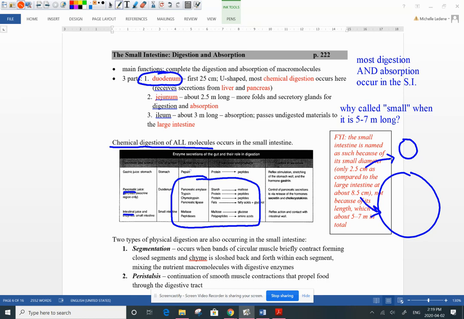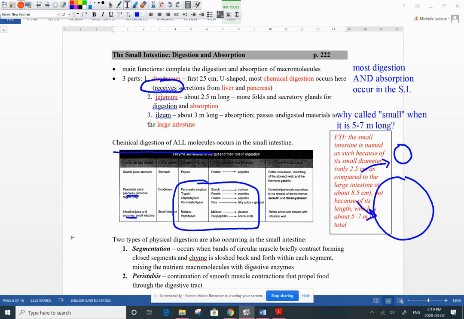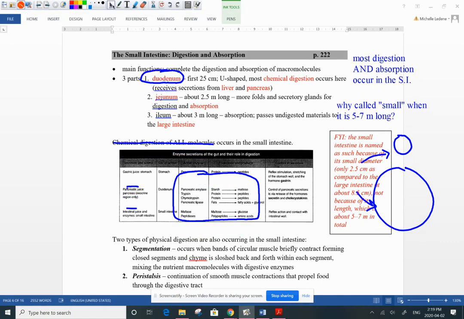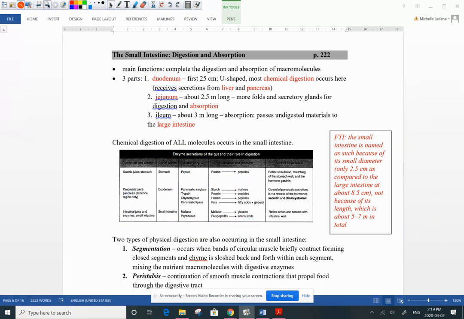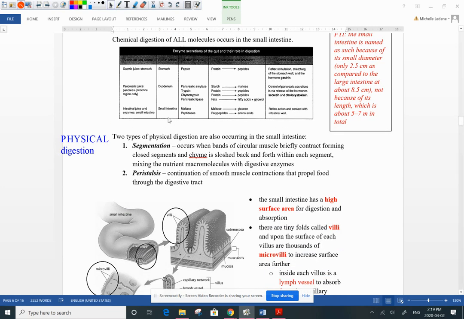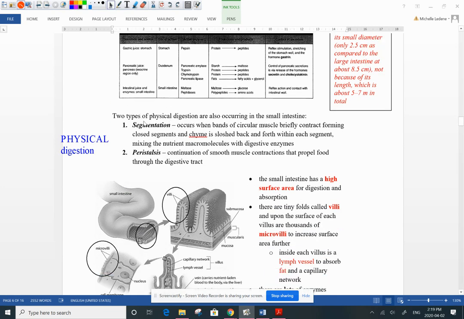That is our chemical digestion. There's also a significant amount of physical digestion that is occurring here in the small intestine as well. And when we talk about physical digestion, we talk about segmentation and peristalsis.